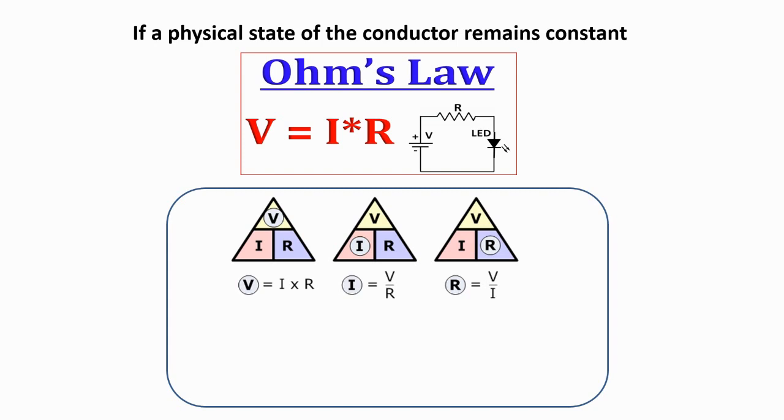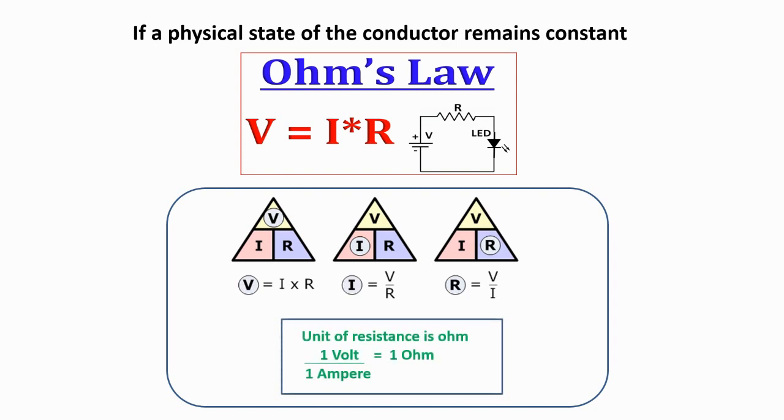So I can write V = I × R. If I want to write the formula in terms of I, I get I = V/R, and in terms of R, R = V/I.